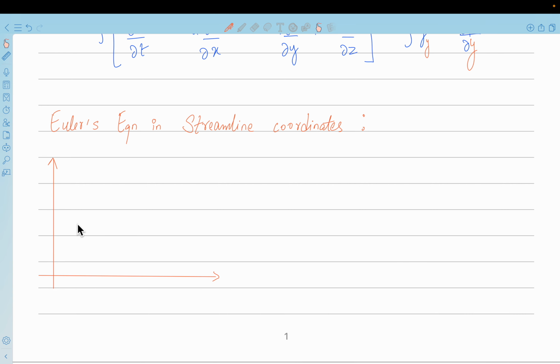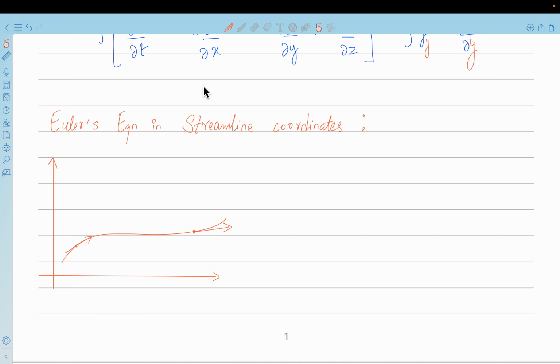Exactly. So if I take any streamline, the tangent to this streamline at any point actually gives me the velocity of a fluid particle at that particular point. So that is how we define streamline.